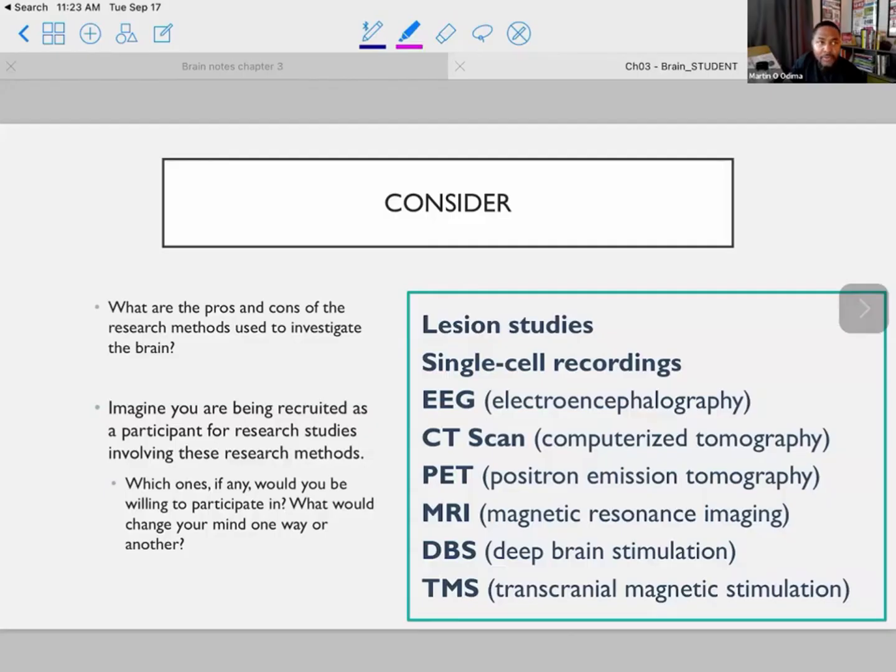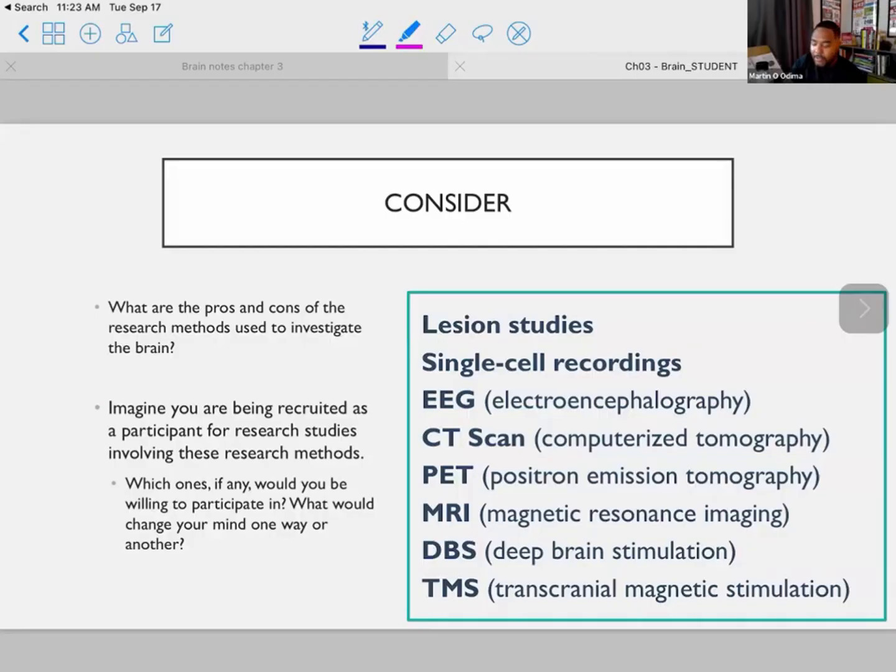You may be asked to identify the different kinds of scans that are used to measure function and activity in the brain. One way to help you remember is to think about the pros and cons of each research method used to investigate the brain.